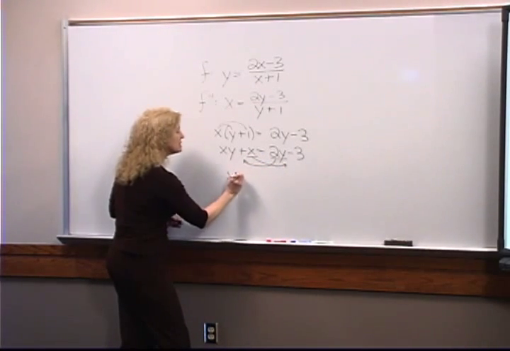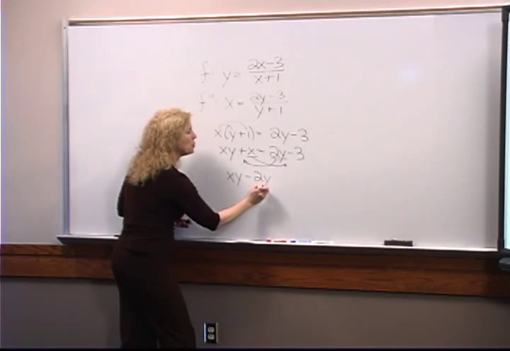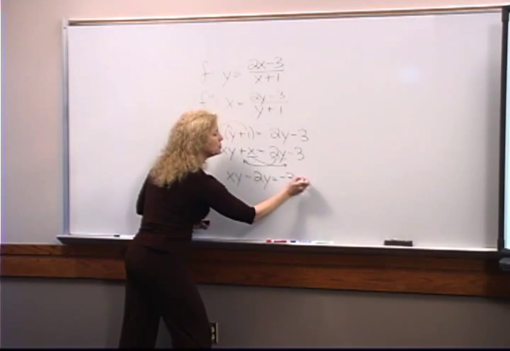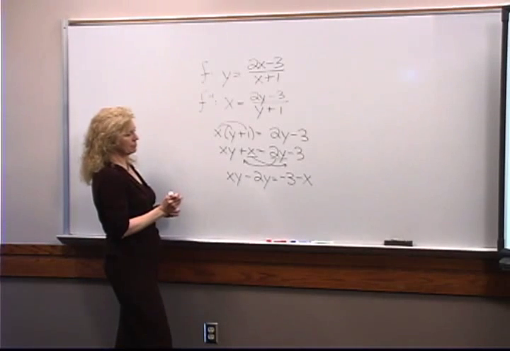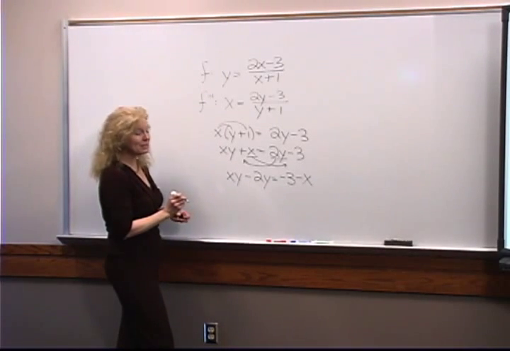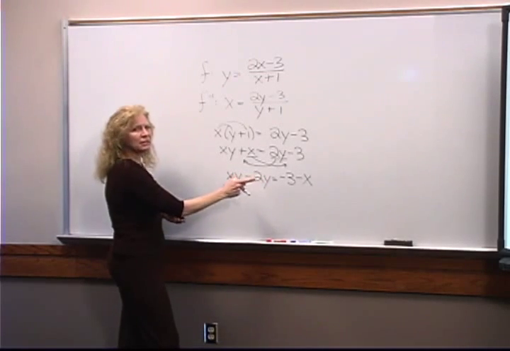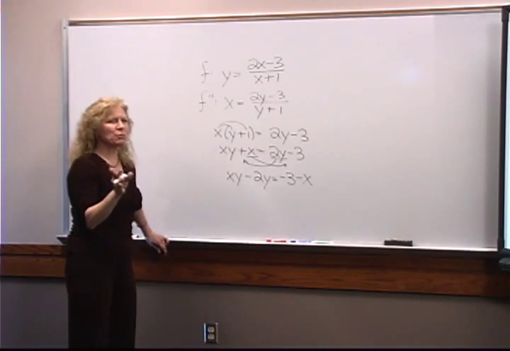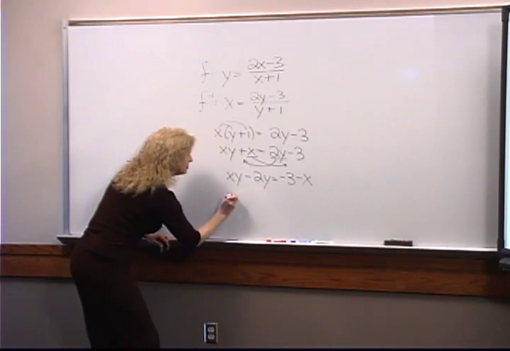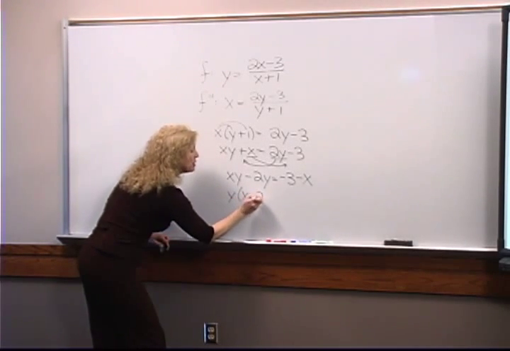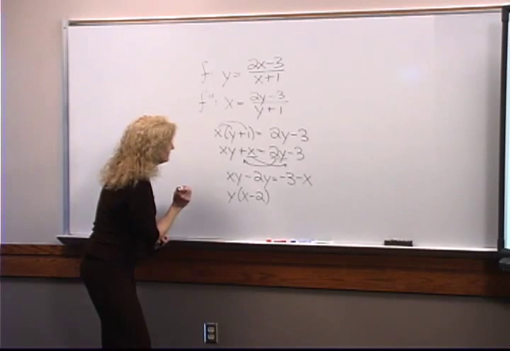So I have xy minus 2y equals negative 3 minus x. And the next to last move is let's factor this y out. I know you may not be comfy with every step here. That's why you've got a pro to help you, right?